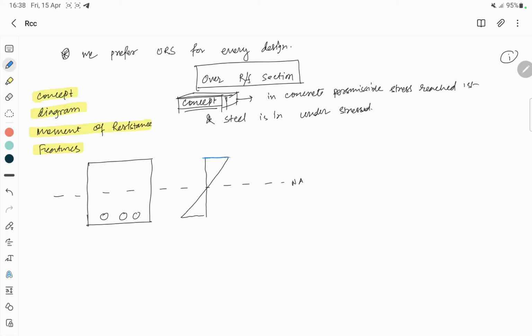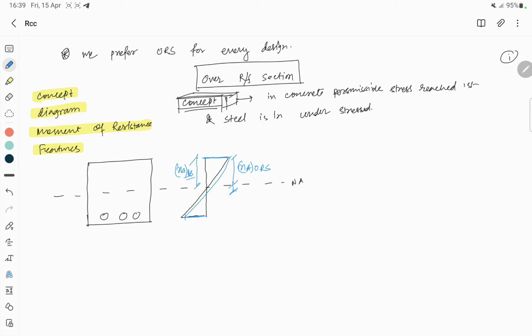Concrete reaches first but steel is still under stressed. So in that scenario, if I connect these two lines, how do we connect? So clearly we have seen that this is the neutral axis for over reinforcement section and this is the neutral axis for balanced section.